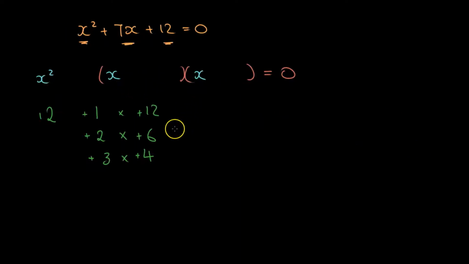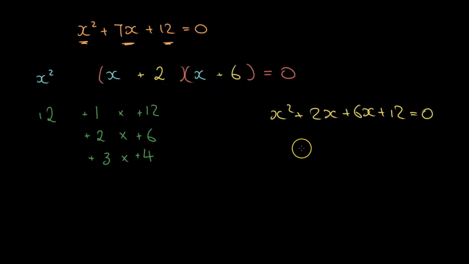Okay, so let's look at our second pair of numbers here, 2 and 6. Let's give these two a go. So we'd get x squared plus 2x plus 6x plus 12. If we combine those middle two terms, we'll get 8x, which is not the 7x that we wanted. So again, it can't be 2 and 6. It can't be this pair.